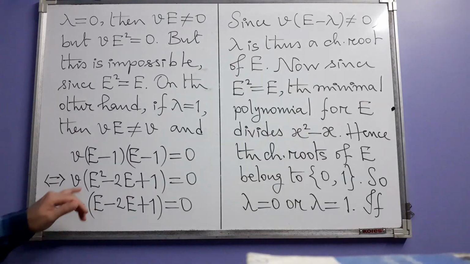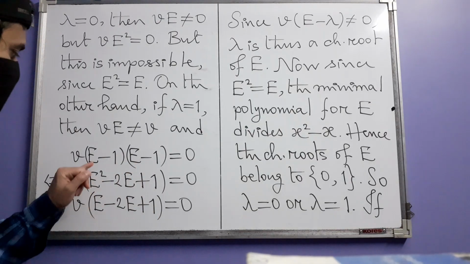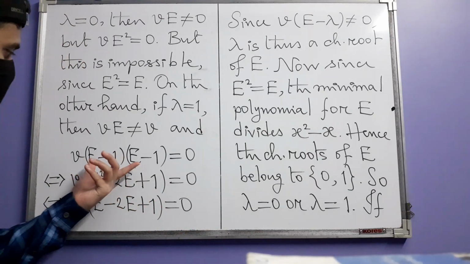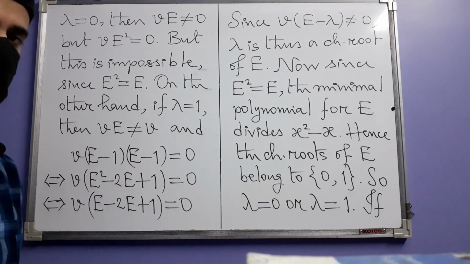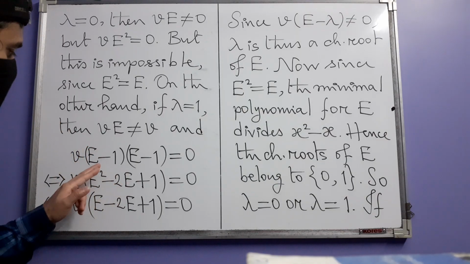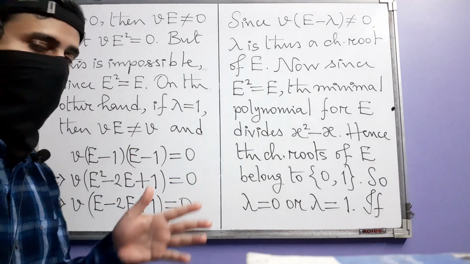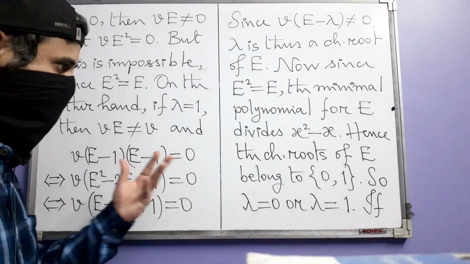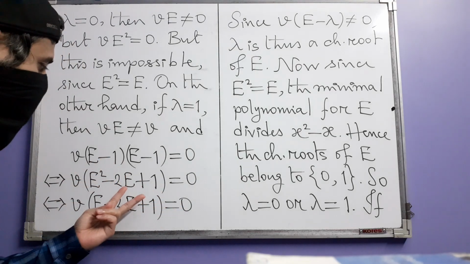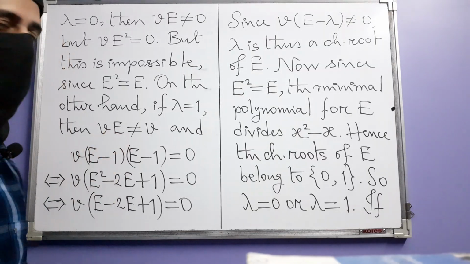Oh, and by the way, how did I write this in place of this product? You can use the various laws that you have of manipulating operators, or you can just simply use the fact that we have the ordinary binomial theorem in the algebra of operators to expand some power like this, provided the operators that you have commute.